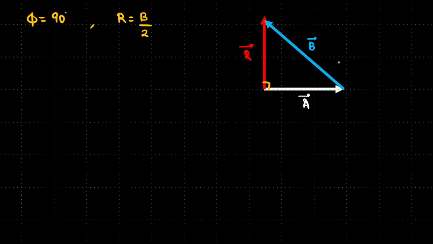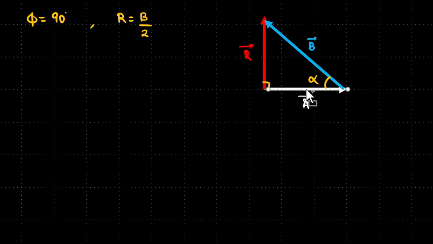So just looking at the picture, we need to find the angle between vector A and vector B. Let me ask you a question: is this the angle between vector A and B? No, this is not the angle between vector A and B, because you must use either the tail method or the head method.